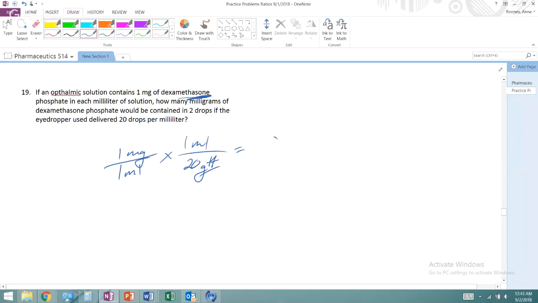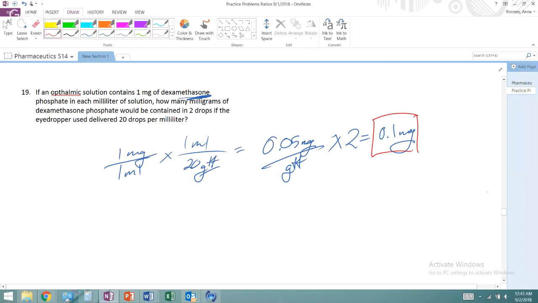We find that there's 0.05 milligrams per drop. And then you multiply that by 2 because you're doing 2 drops. So that would be 0.1 milligram per 2 drops. There you go.